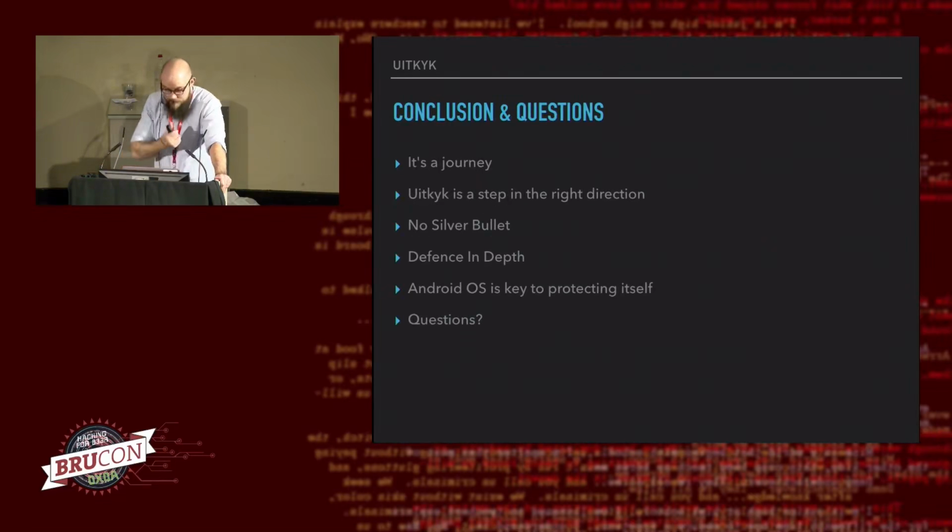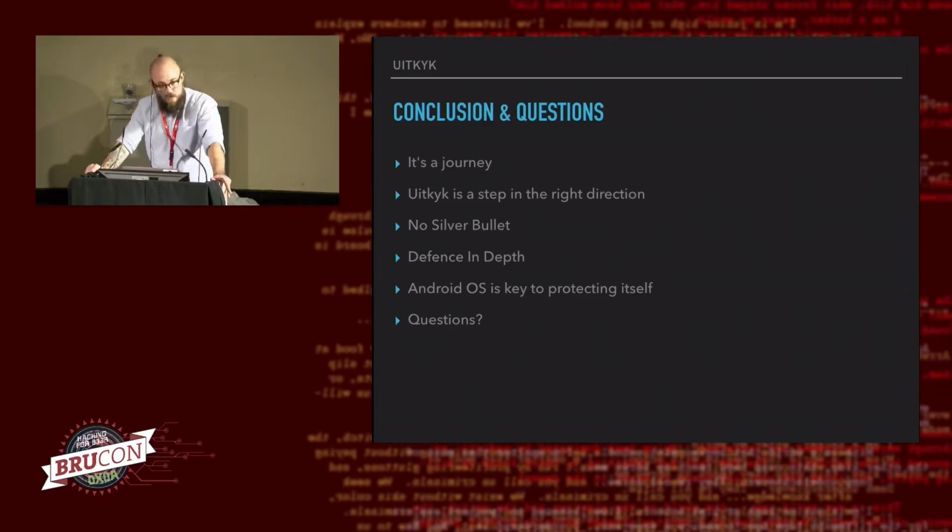So, some of the conclusions from this so far. It's a journey that I've seen so far. I don't think it's a silver bullet at this point in time. I think in conjunction with all the other mechanisms, it's a step in the right direction. Defense in depth is key with all of this in the Android ecosystem. Malware is a problem.